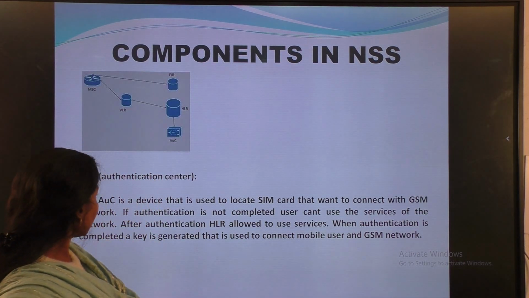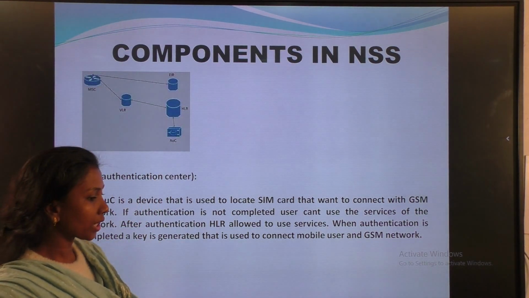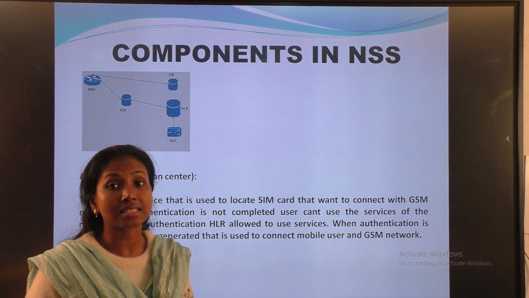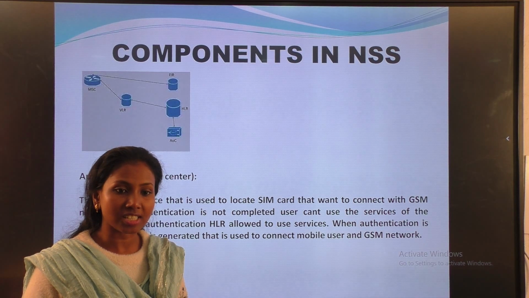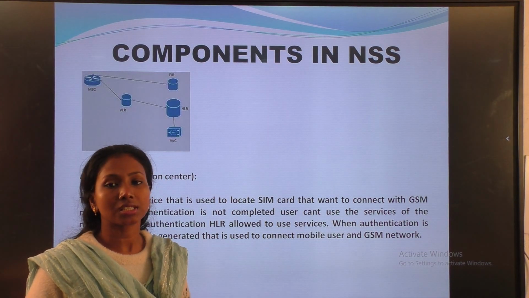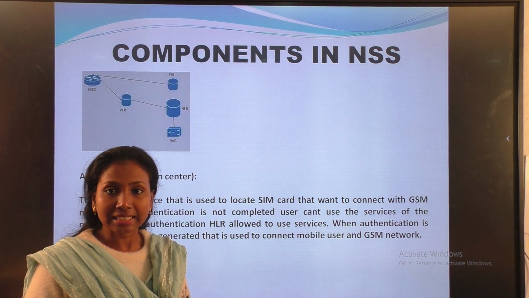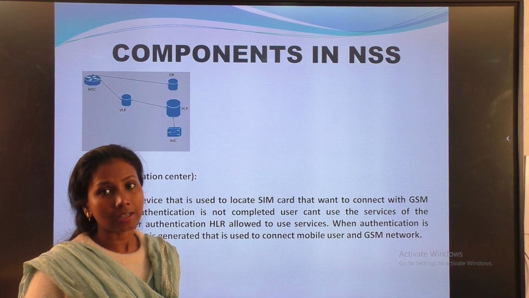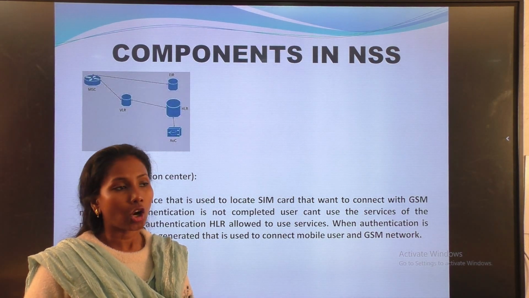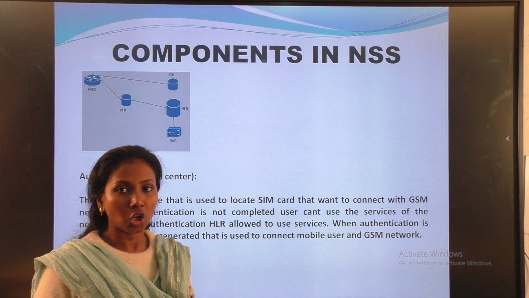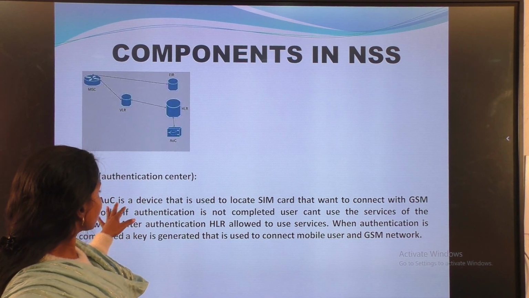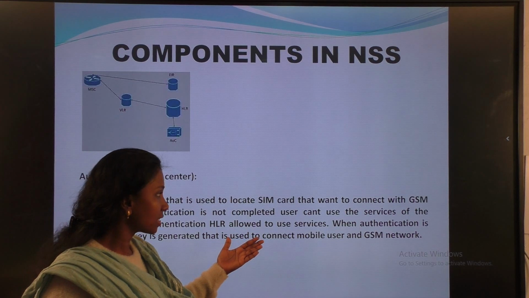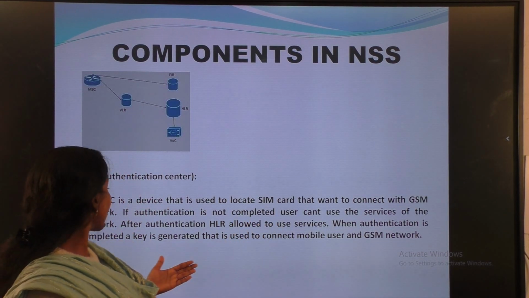Okay. Now the authentication center. If you are an authorized user, then only you can access the services. If you are not an authorized user, if you are not registered in the network, then you will not get access to the services provided by the mobile service switching center or the base station controller. So the authentication center is a device that is used to locate the SIM card that wants to connect with the GSM network.